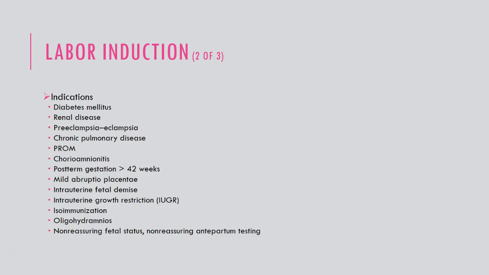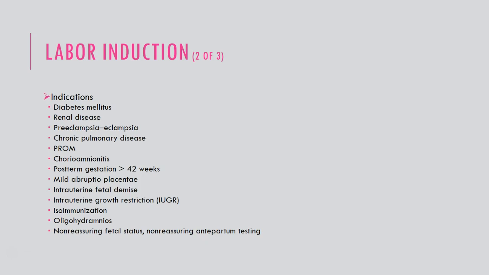Some reasons that we might decide to do a labor induction would be moms who have some diabetes, renal disease, they've got preeclampsia that's headed towards eclampsia, or they are experiencing eclampsia. Maybe they've got some pulmonary disease, they've had premature rupture of membranes, and we're worried about infection.